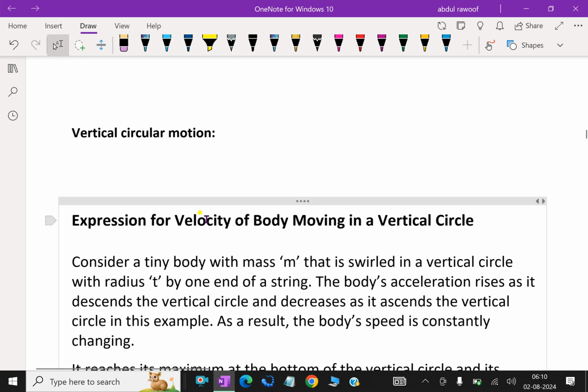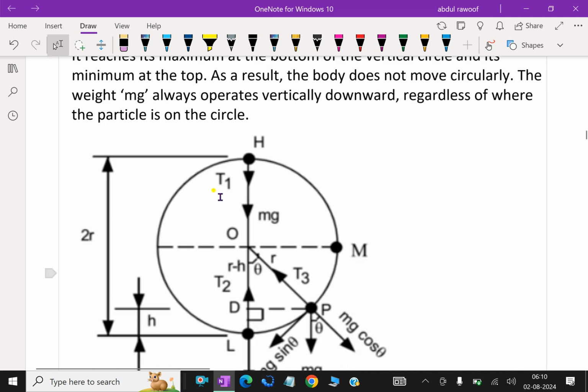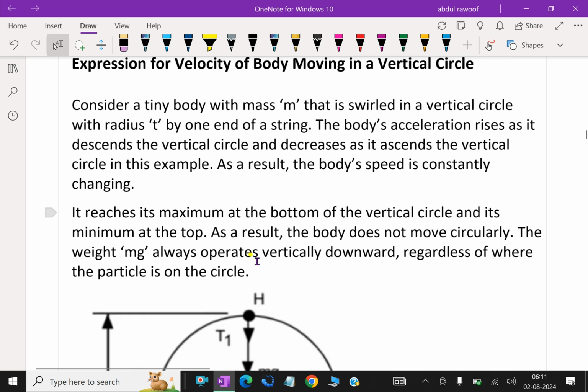Next one, vertical circular motion. Look here, this is a vertical circular motion, the bob rotates vertically from a fixed point. Consider a tiny body with mass m that is swirled in a vertical circle with radius r given at one end of a string. The body's acceleration rises as it descends the vertical circle and decreases as it ascends. If you go up, acceleration is reduced, and as it comes down, acceleration increases.